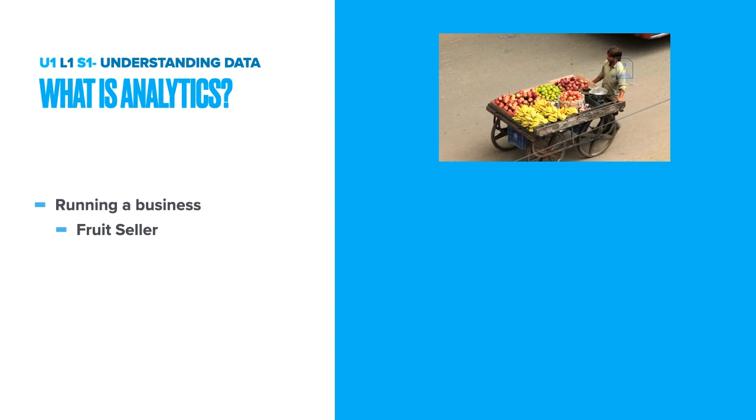And I said, where do you go to sell your fruit? He said, where you are standing, this is the street where I come every day these days. I asked him another question, how he has identified this street and why he has decided to come to this street.